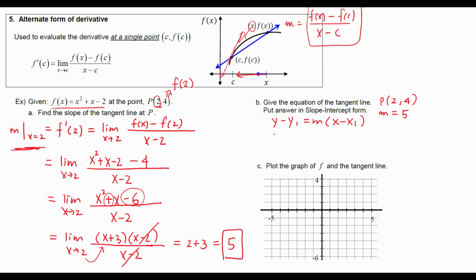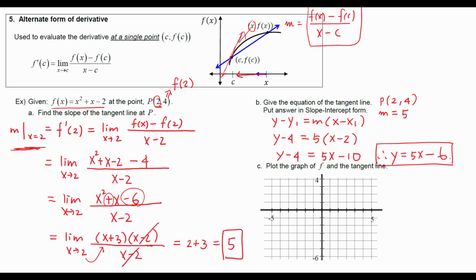So I have y minus 4 equals 5 times x minus 2. When you distribute the 5, you get y minus 4 equals 5x minus 10. You can move the negative 4 to the other side, and the equation of the tangent line in slope-intercept form is y equals 5x minus 6.